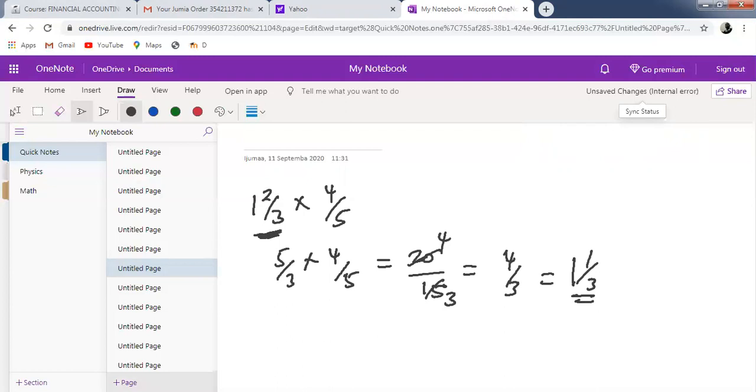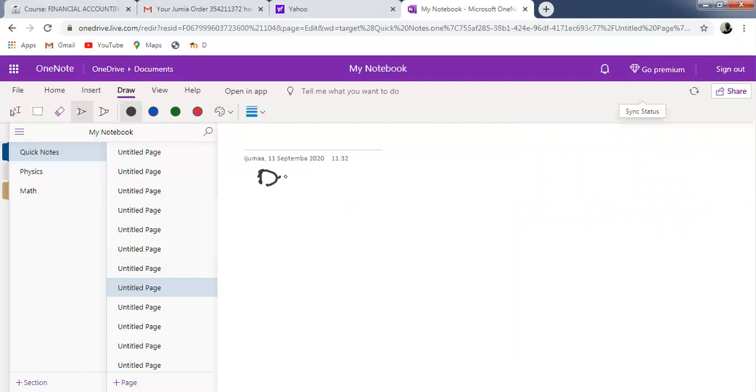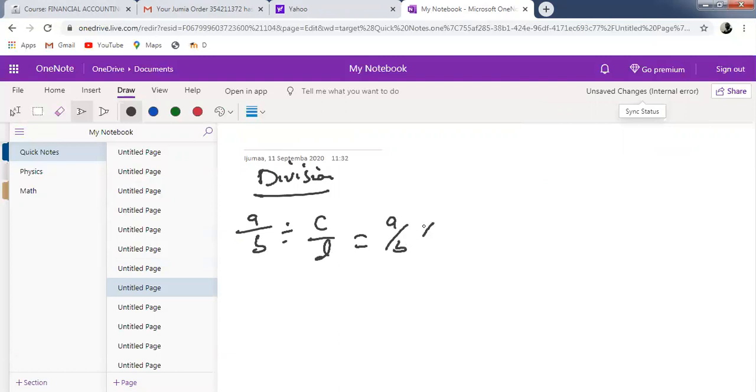Lastly, let us talk about division. When you have a fraction like A over B divided by C over D, this is the same as A over B times D over C. We can change it to multiplication by having the reciprocal of the second fraction.